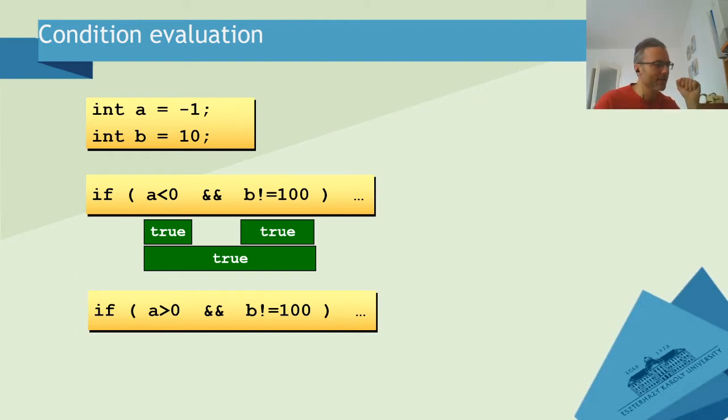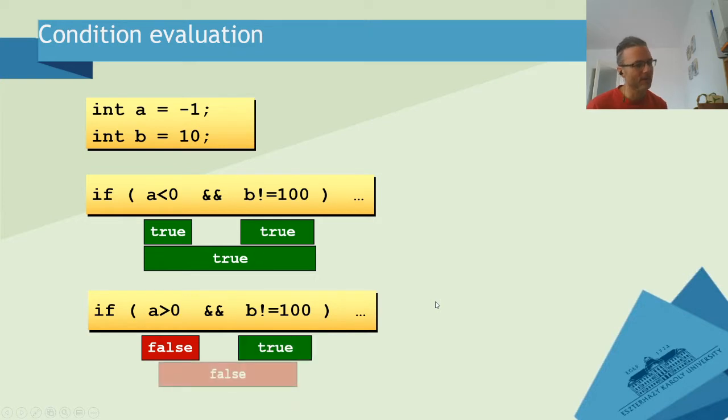How about the second condition? False, definitely false, because the first condition is false already. Actually, at this point, we don't even need to evaluate the second condition because this logical AND immediately becomes false, right? But of course, you can also evaluate the whole condition if you want.